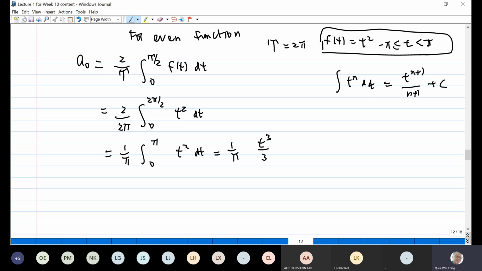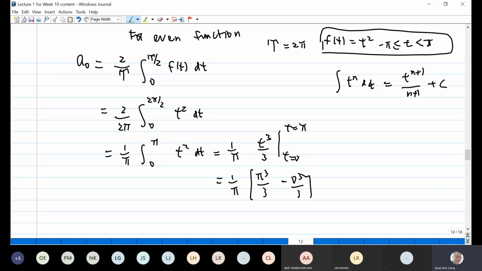A simple integration formula. Then you put t equal to 0 and t equal to pi. You get 1 over pi, pi cubed over 3, and put t equal to 0, you get 0 cubed over 3.